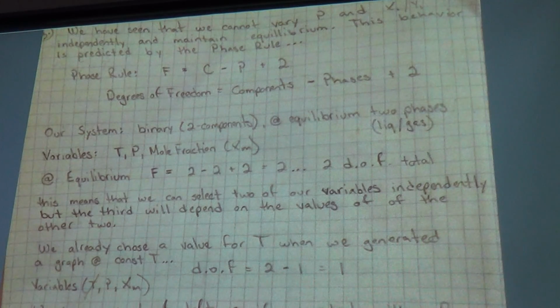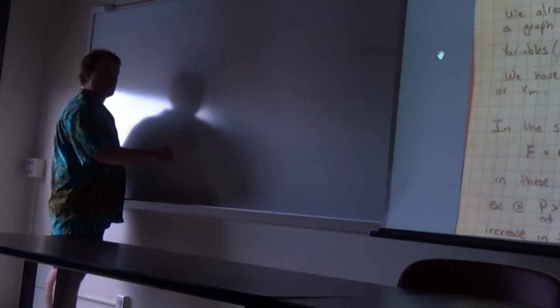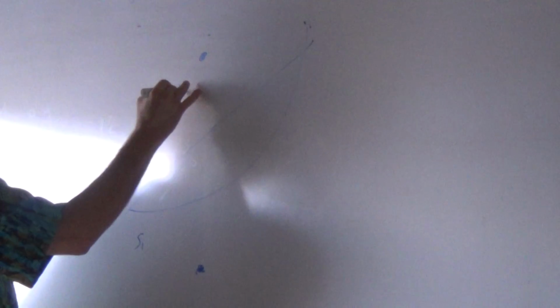All of that's saying is that on this graph, if you're at some point that's not at equilibrium, and you're in a single phase, this was liquid, this was solid.